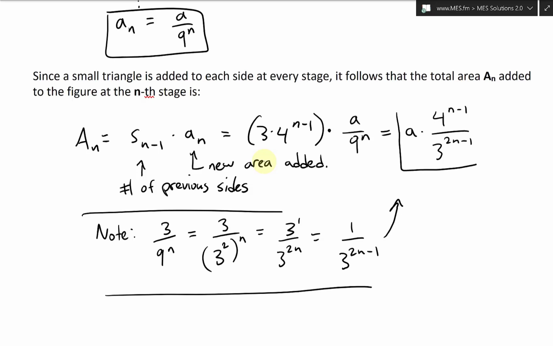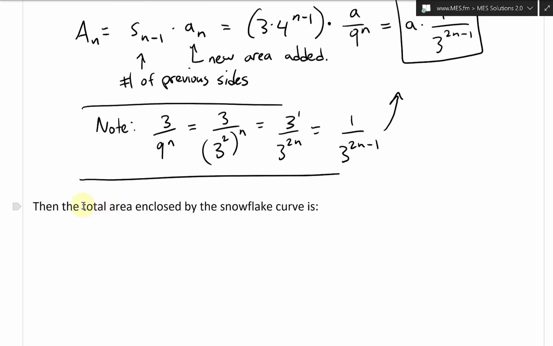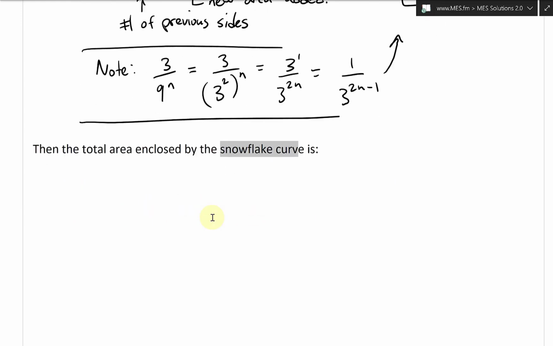And so that is the area added at each subsequent construction. So each time you do the new snowflake construction, you're adding an area of a, the original, times 4 to the power of n minus 1, divided by 3 times 3 to the power of n minus 1.